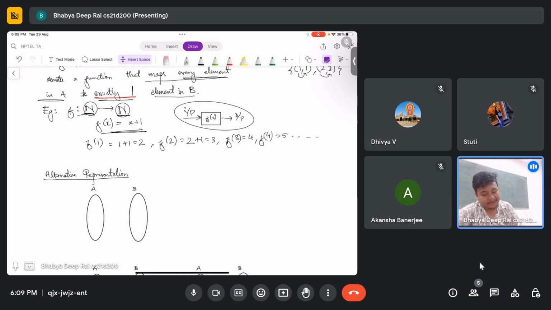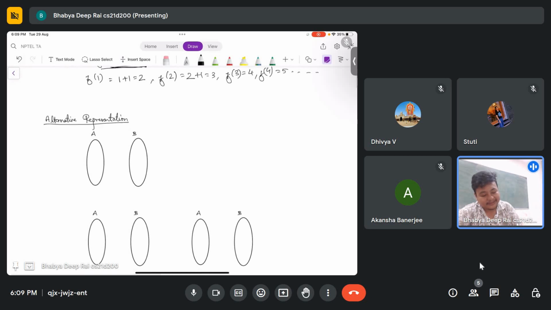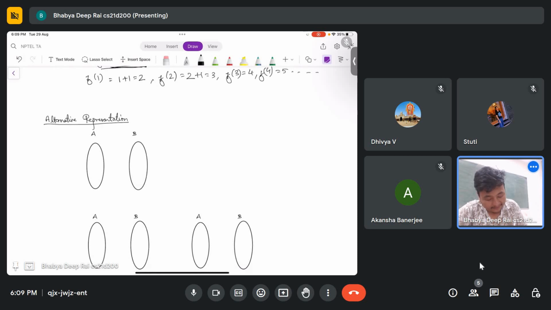The set theoretic way to see it, and mostly in discrete maths this is how we see functions, is as follows. If I have a 1, then it maps to a 2. F of 1 equals 2. If I have a 2, then it maps to a 3. So f of 2 is equal to 3, and so on. And 3 maps to a 4, and 4 maps to a 5, and so on.